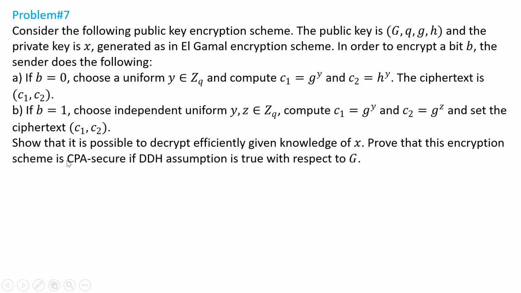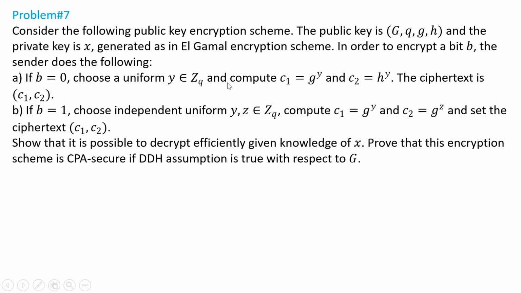Prove that this encryption scheme is CPA secure if the DDH assumption is true with respect to G. This is interesting. In the standard El Gamal encryption scheme, your plaintext space is any group element of the group G, but here your plaintext space has been reduced to just a binary bit. Either b can be 0 or b can be 1.